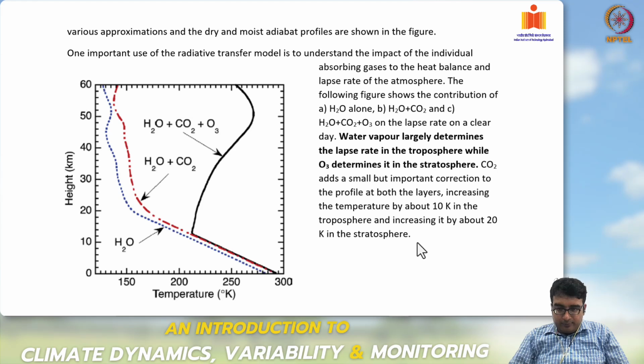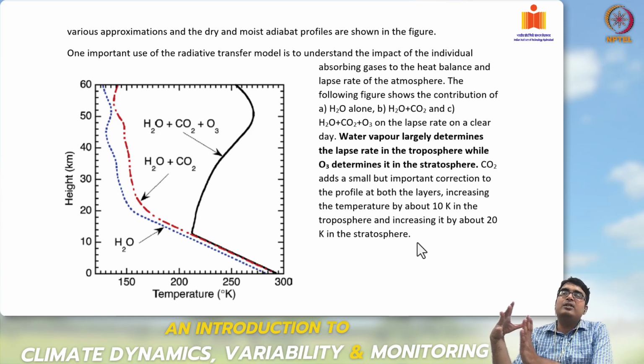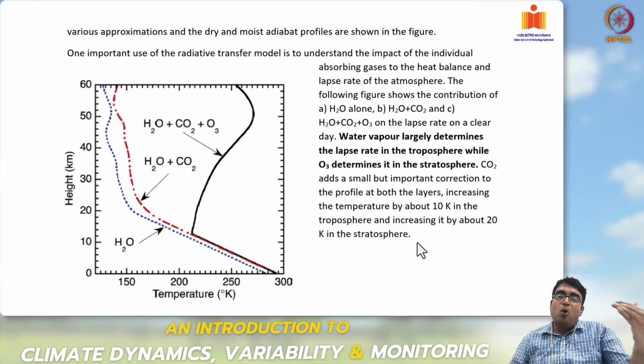So, water vapor controls the tropospheric lapse rate gradient. CO2 adds 10 kelvins to make it more accurate. Ozone controls the stratospheric lapse rate gradient. However, both water vapor and CO2 make some important contributions in the overall picture in the stratosphere.